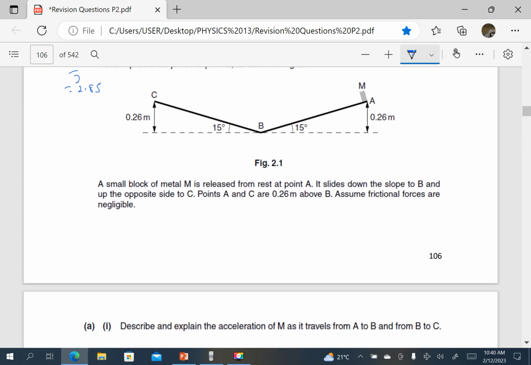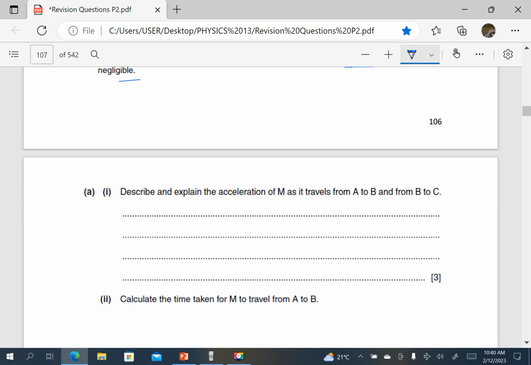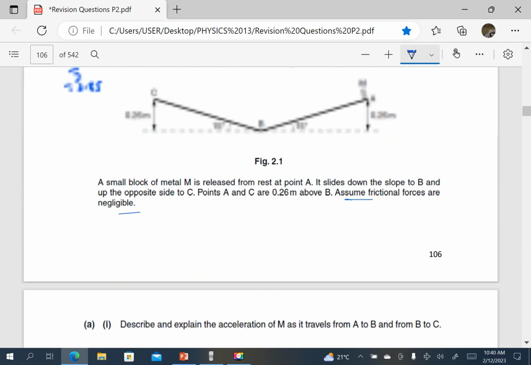A small block of metal M is released from rest at point A. It slides down the slope to B and up the opposite side to C. Points A and C are 0.26 meters above B. Assume frictional forces are negligible, so equations of motion can apply here. Describe and explain the acceleration of M as it travels from A to B and from B to C.